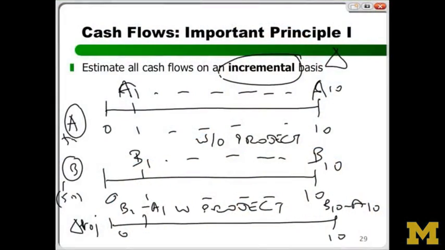So for example, if you spent $5 million thinking about different projects 2 years ago, what will happen when you take the difference? It'll cancel, right? So if over here you had a 5 million expense on a market survey sometime early, what will happen when you take the difference? It'll cancel, and that's called sunk costs.